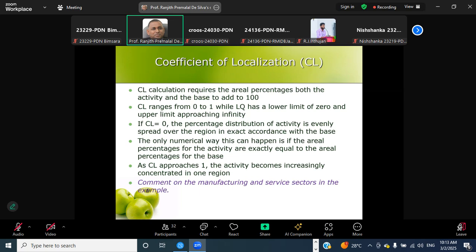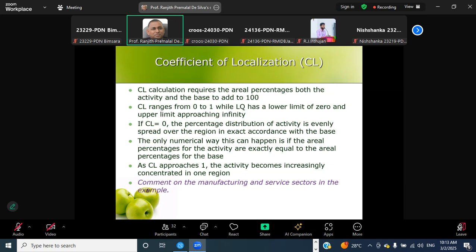The calculation requires the areal percentages, both the activity and the base, to add to 100. So it should be out of 100. And the coefficient of localization ranges from 0 to 1, whereas the location quotient, earlier we looked at, has a lower limit of 0 and an upper limit approaching infinity.